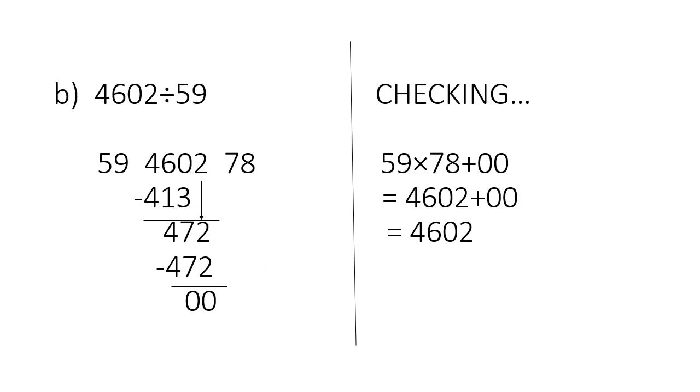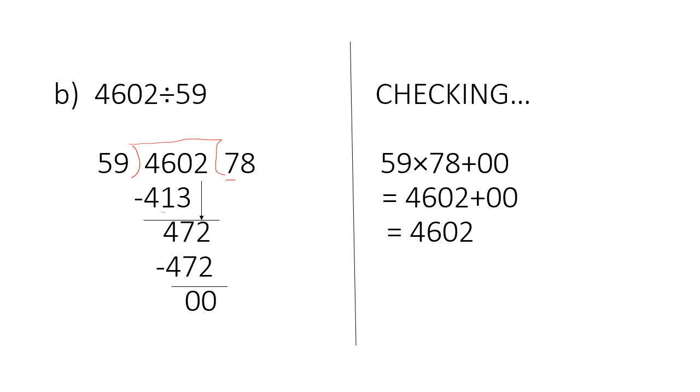Now see one more question. Here 4602 divided by 59. 59 is our divisor and 4602 is our dividend. So we'll take the first 3 digits, 460, and 59 times 7 is 413.